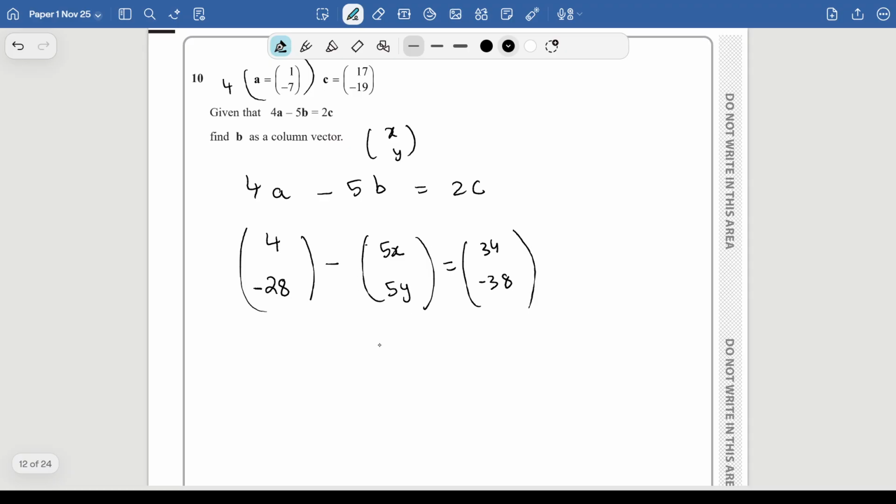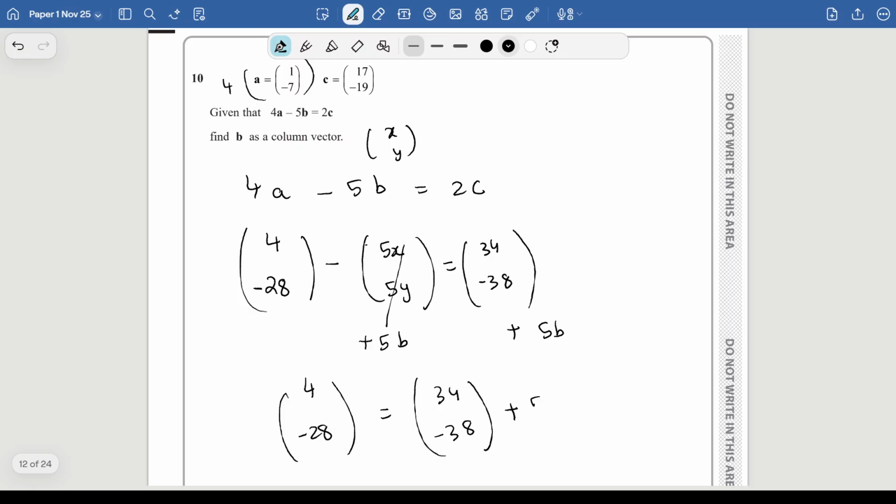Well, I can add this vector on both sides. So adding 5b on both sides, I can get rid of this. And then we have 4, negative 28, equals 34, negative 38, plus 5x, 5y.